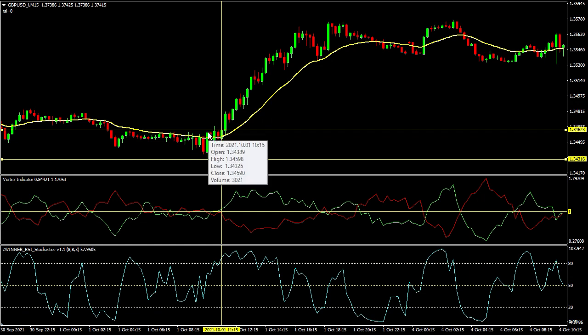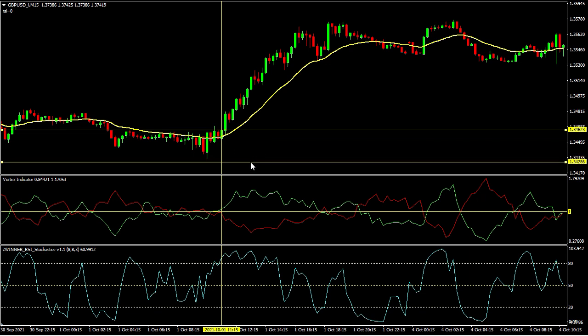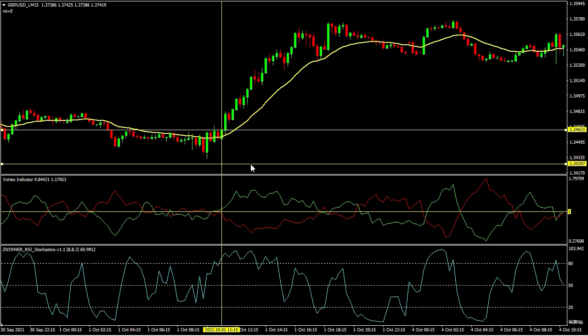The low is 1.3432, take away 5, 1.3427. Here, this is going to be your stop loss.